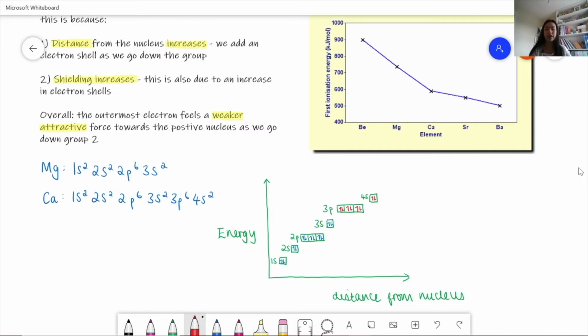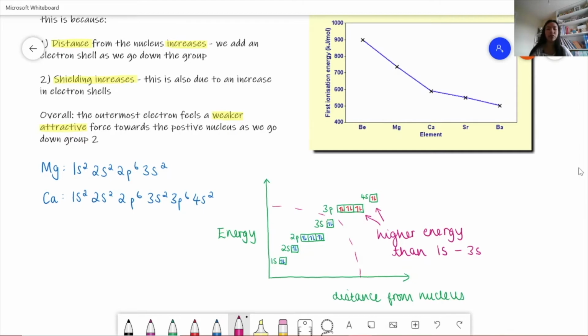And you can see if I put a line here, then these two are at a higher energy level than the orbitals 1s, 2s, 3s.